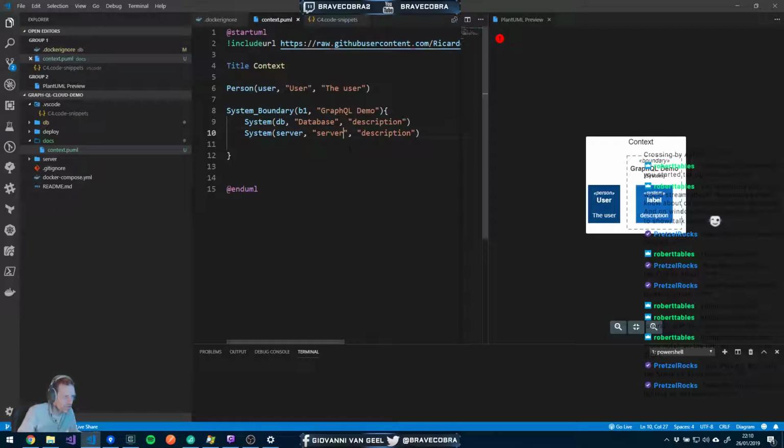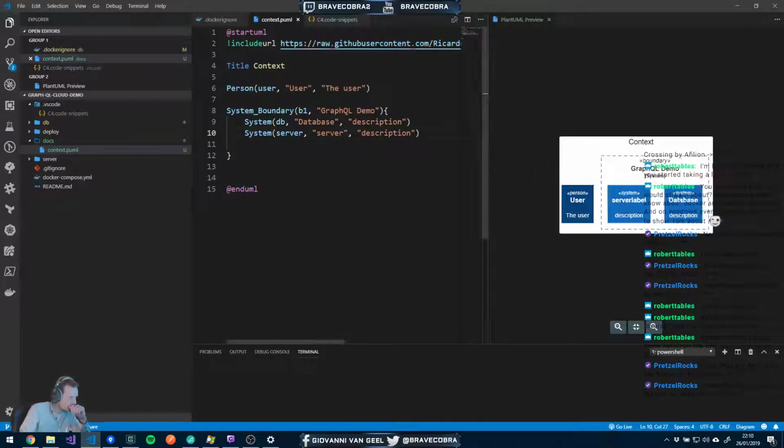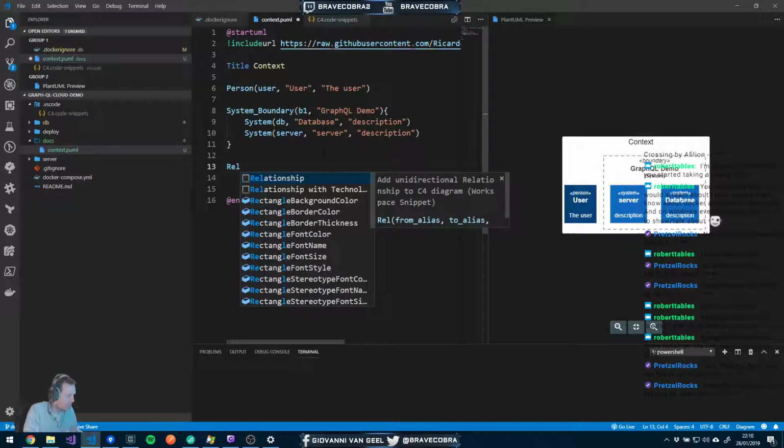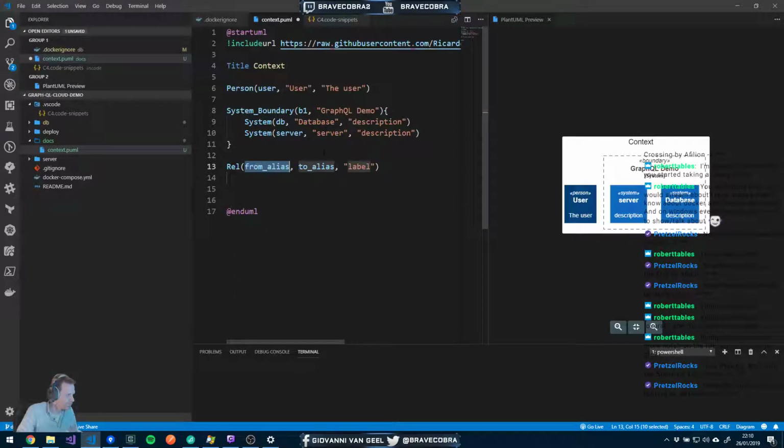And now you should be seeing those pop up here, right? Yeah, there we go. And we create now a relationship between the database, no, between the server and the database.